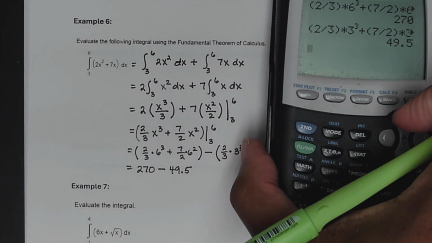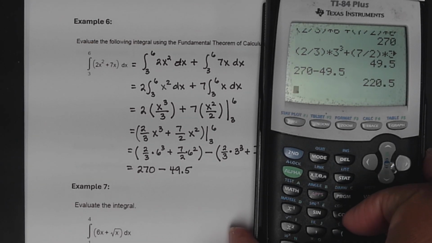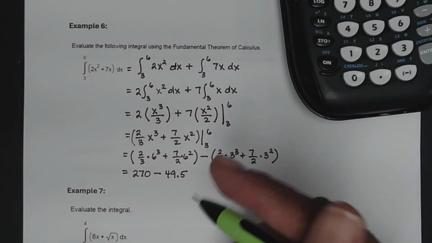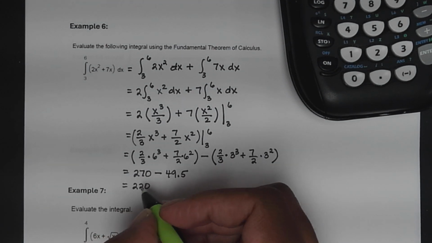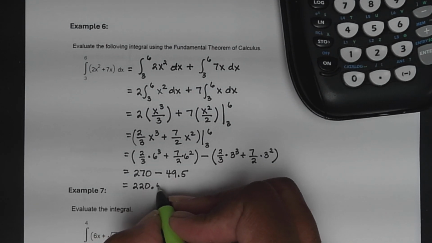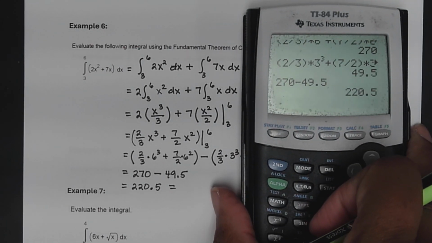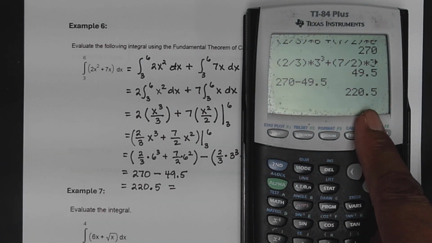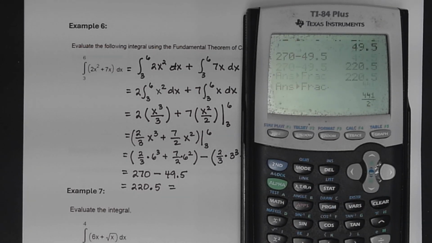Now if I do 270 minus 49.5, that'll give me 220.5 as the final answer. However, I might want this as a fraction. So for that 220.5, I'm going to press the math key and then number 1 for fraction.